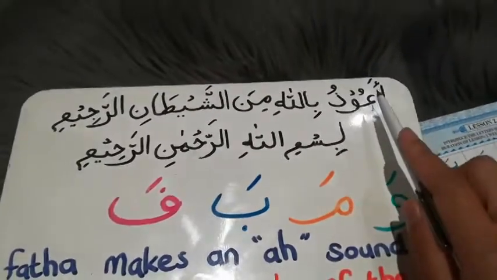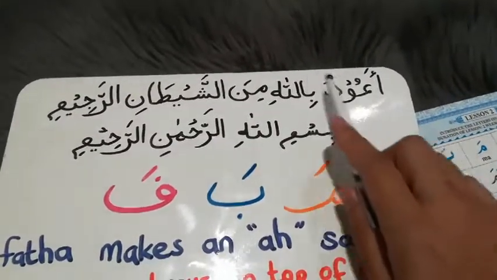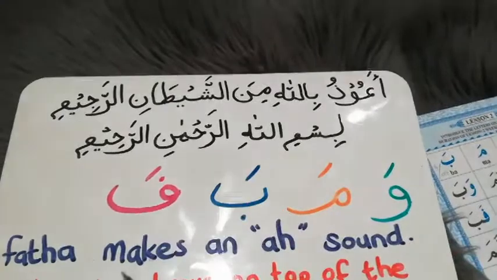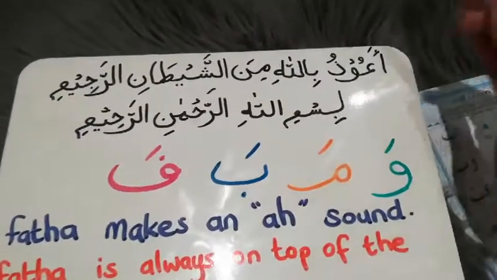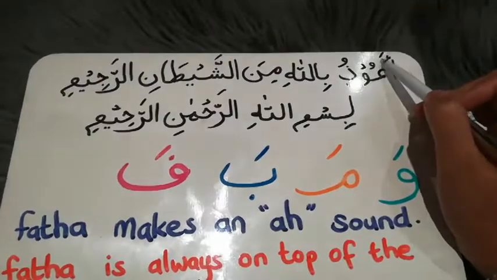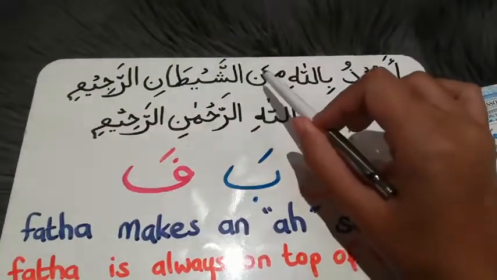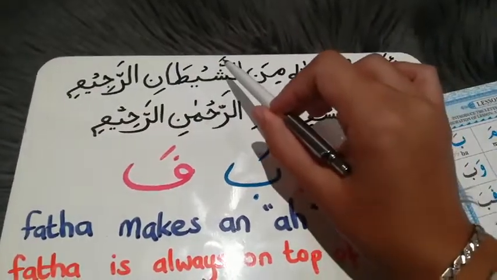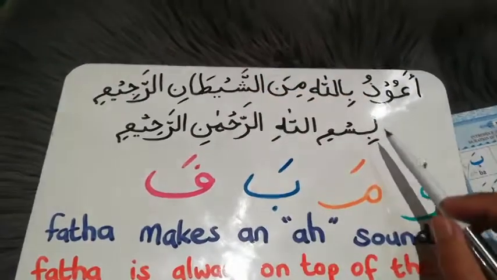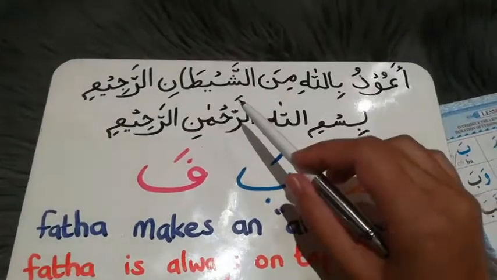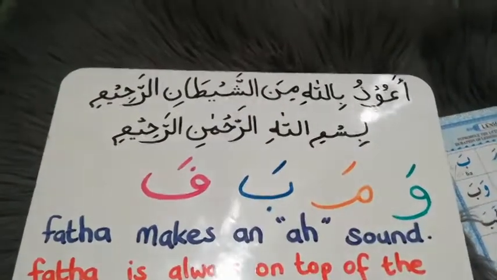Now let's look into Ta'awudh and Tasmiyah. Can you count how many fathas are there? Remember, fathas are always on top of the letter. So let's count. 1, 2, 3, 4, 5, 6, 7.